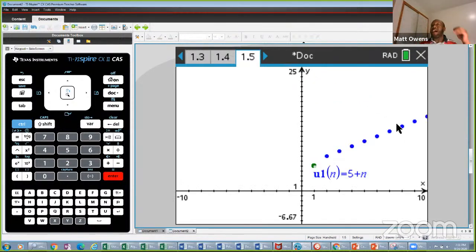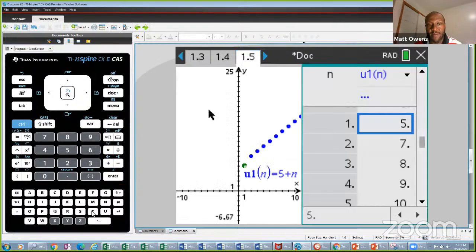And again, now we have that graphical view. Kids are now starting to see the actual linear progression. And again, we also have those multiple representations to support the understanding as well.